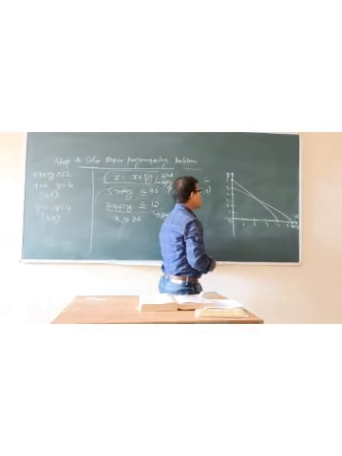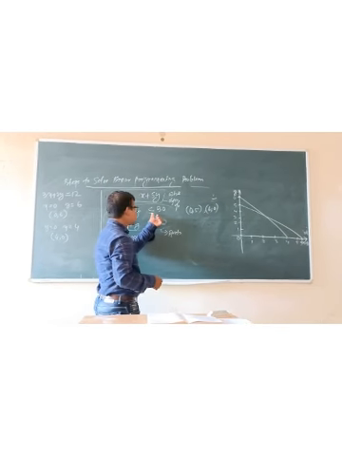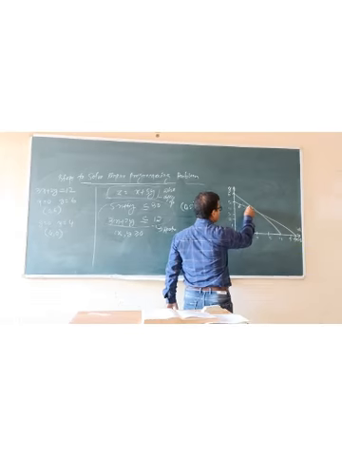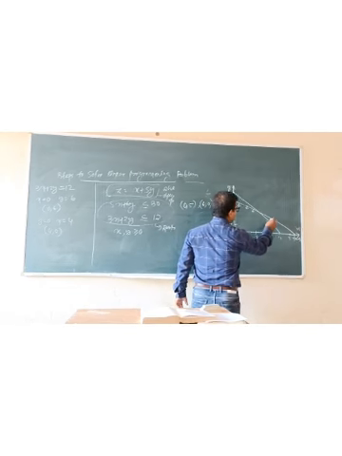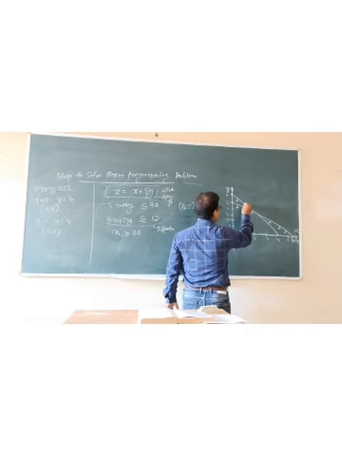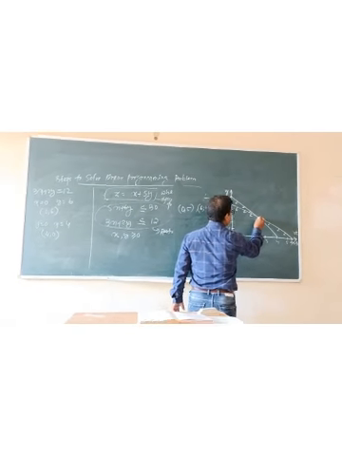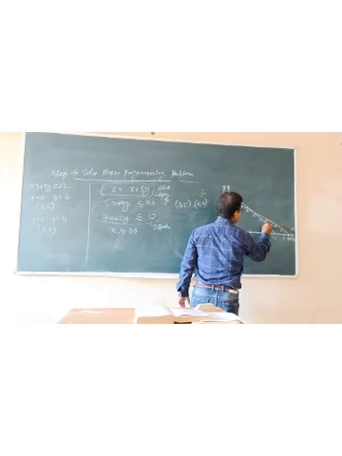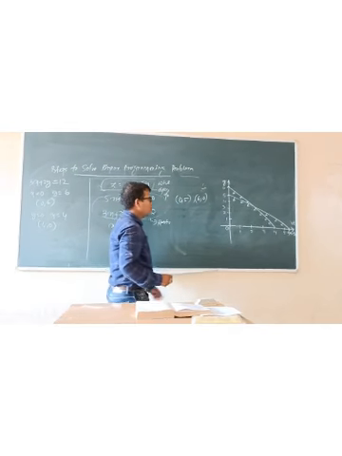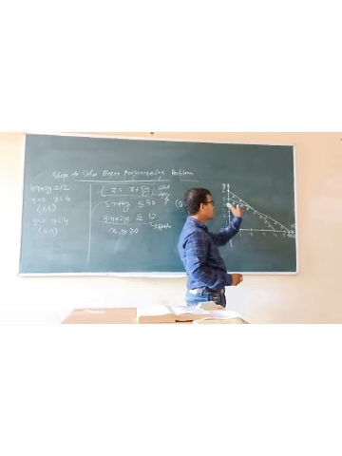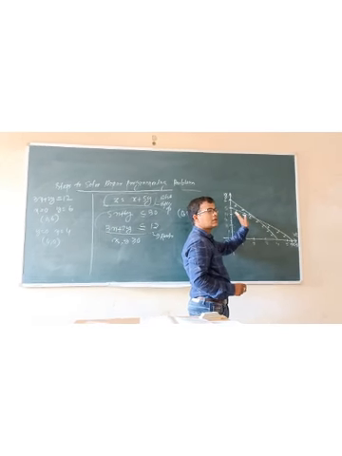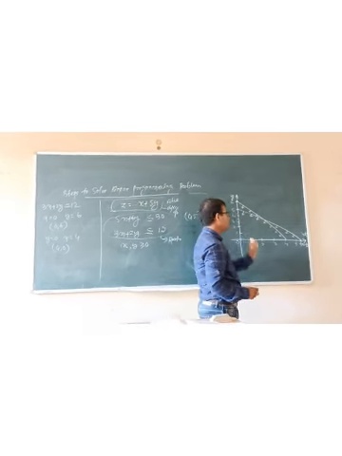Okay. So here the inequality is less than or equals to 0. That means the graphs are pointing like this because this is less than or equals to 0.